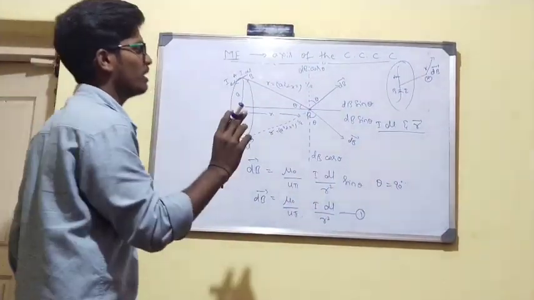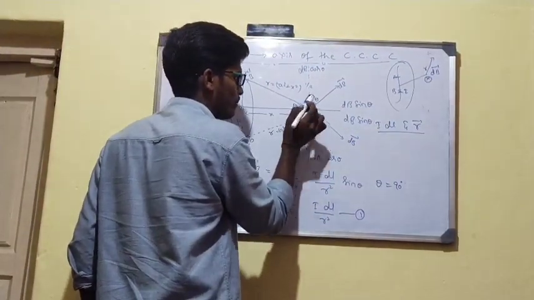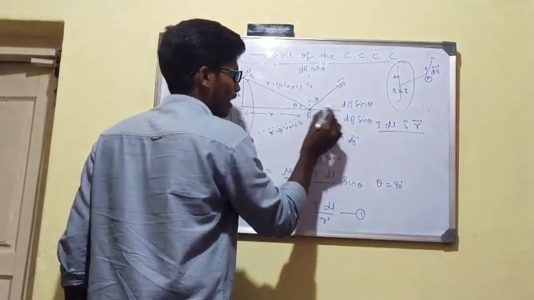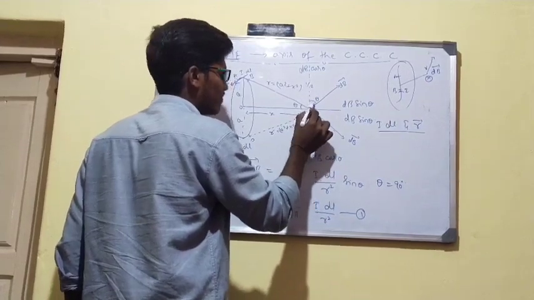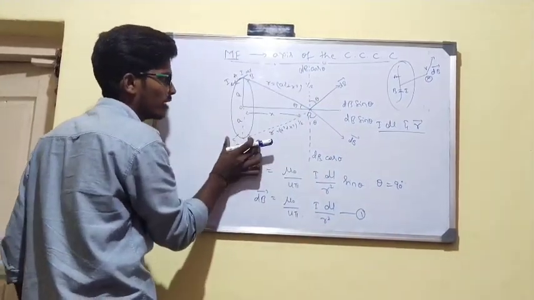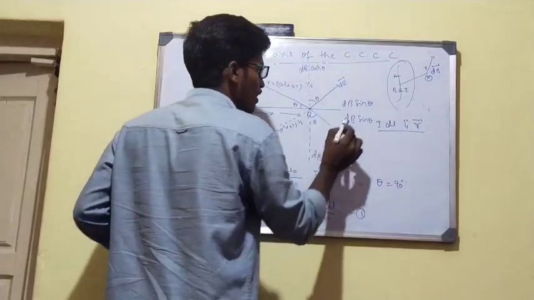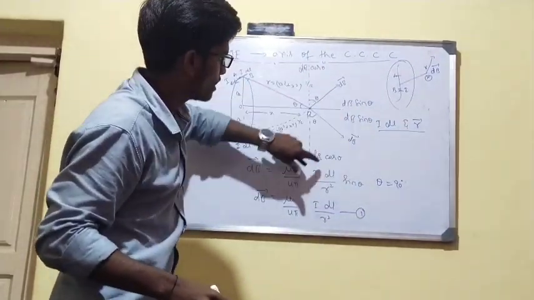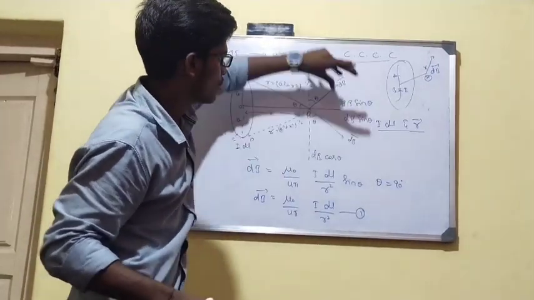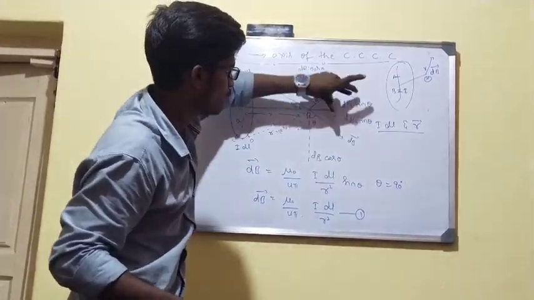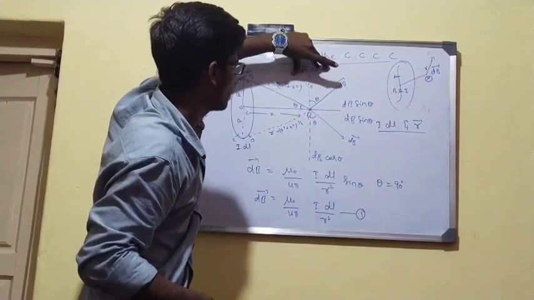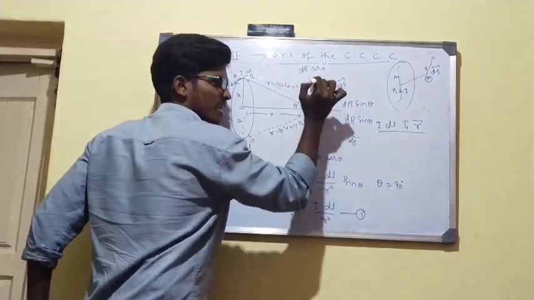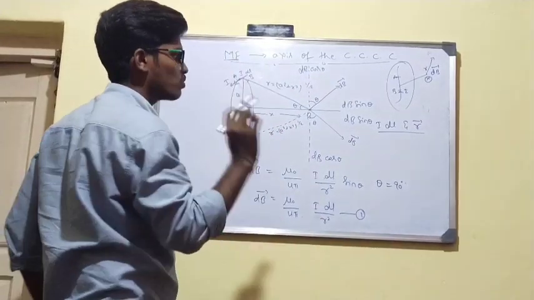Now, to find the resultant magnetic field at point P because of these 2 current elements, listen clearly. I am going to find the resultant magnetic field because of only these 2 current elements, so I have to add these 4 resolved components. When I add these 4 resolved components, I will get the resultant magnetic field at point P, which is in the inverse direction, because of these 2 current elements only.